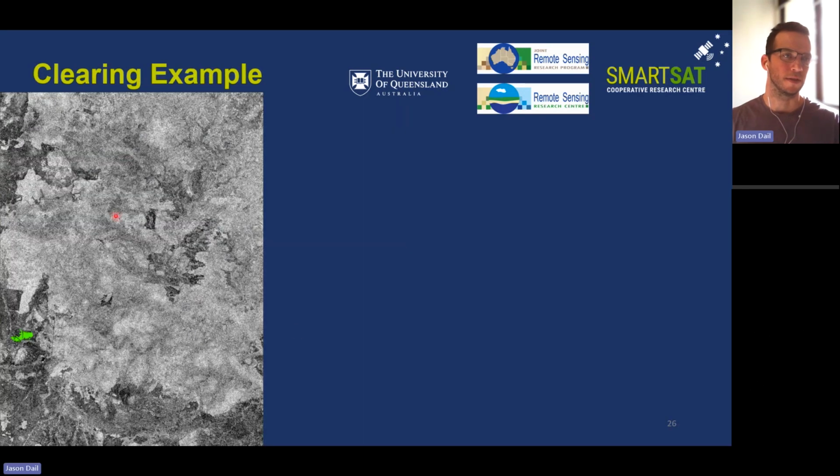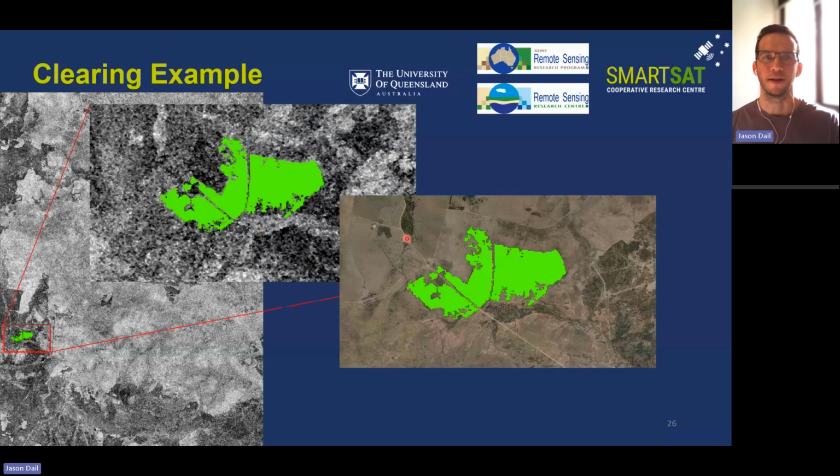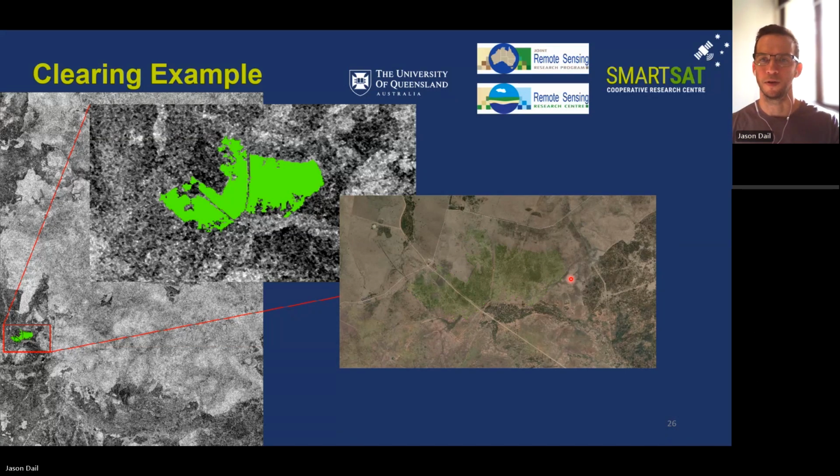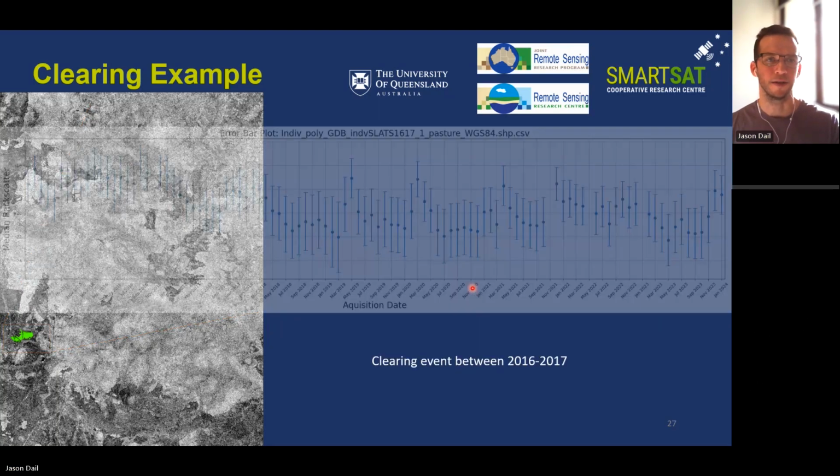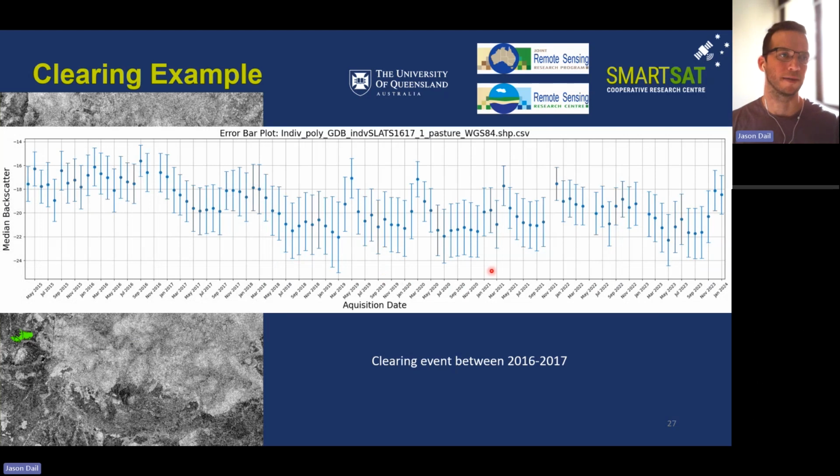And then for clearing, so this is the test site, and here's one clearing polygon, just to get an idea of what it looks like. This optical imagery is newer. I just included it so we can have an idea of what the site looks like. This is its backscatter profile, you could say. So this was flagged as a clearing polygon from August 2016 to 2017.